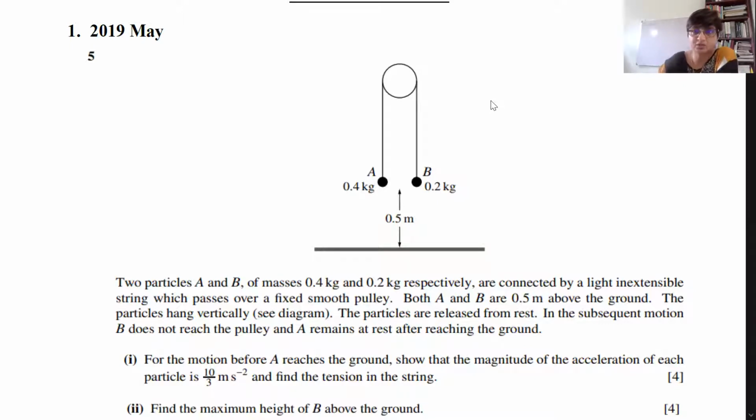You can see that the two particles are at the same level, A and B. They are held 0.5 meters above the ground.